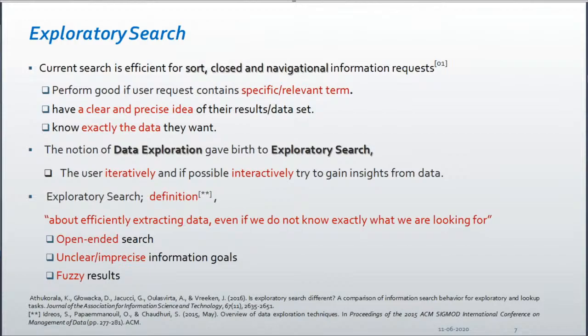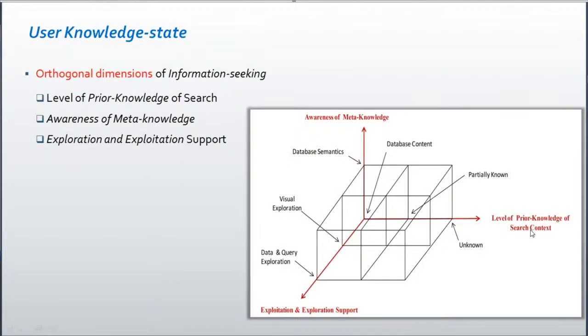The second dimension is the level of prior knowledge of the search context, which is the knowledge about your search need. From the same example, if you are looking for some articles on machine learning, what is my need, what am I looking for, and how much awareness of the topic do I have? This dimension emphasizes that part. This dimension emphasizes what other things I know about machine learning, the meta knowledge. So meta knowledge is placed here.